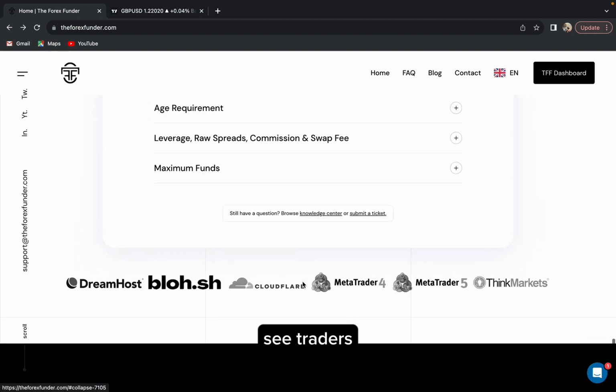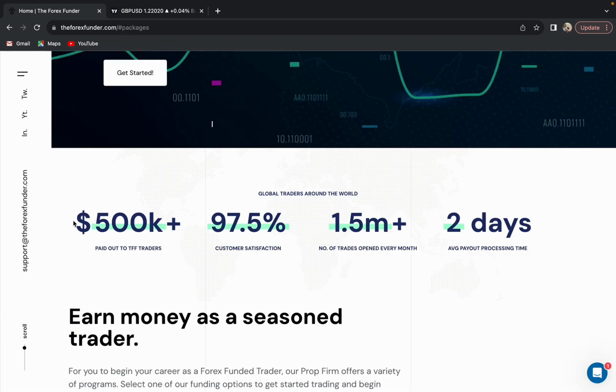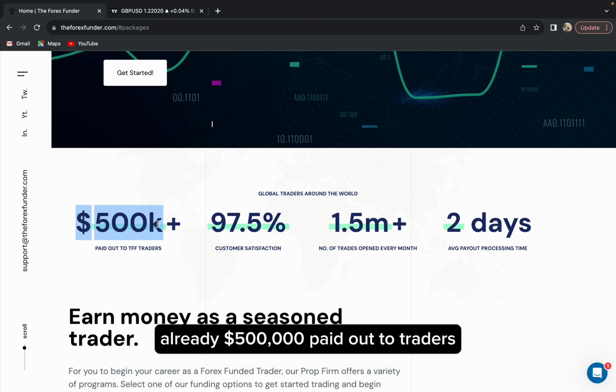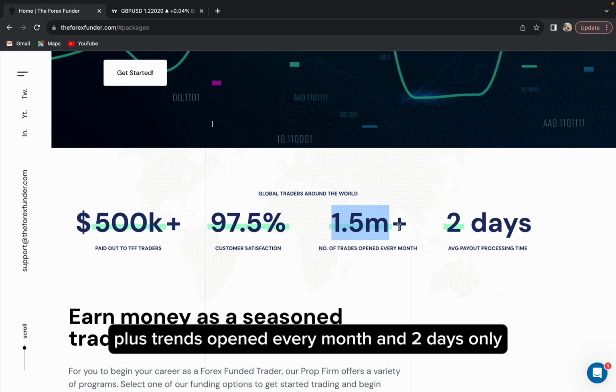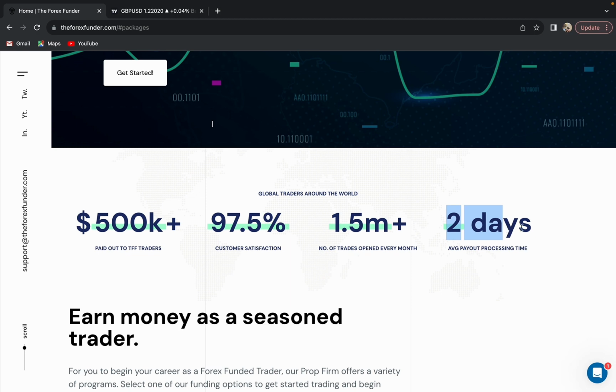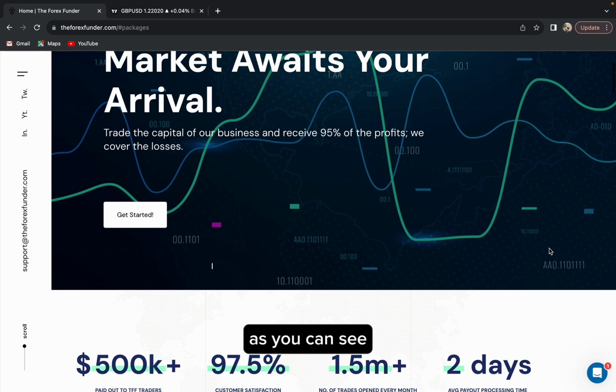You see traders, you can see already $500,000 paid out to traders, 97.5% customer satisfaction, already 1.5 million plus trades opened every month, and 2 days only to process your payout, guys, as you can see.